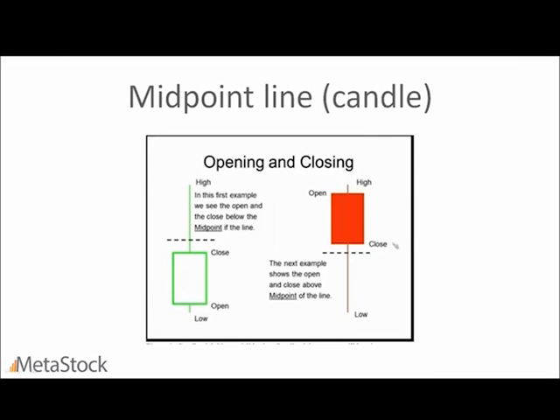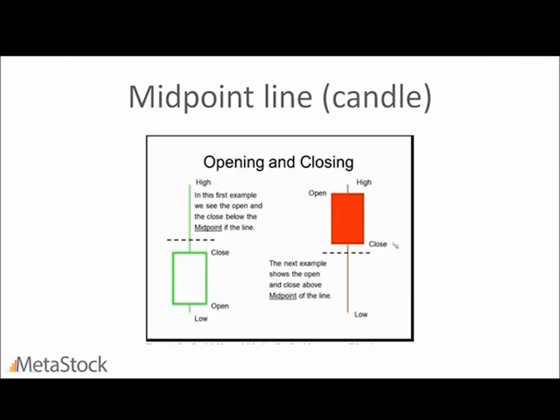Now, a couple of things to understand about this system before we actually take a look at it in action: the first step is we have to establish a midpoint line. Now, it is based off of candlesticks. Inside of the commentary, you're going to see candles referred to as lines. That's just the way that it was translated, and we kept it true to its translation.